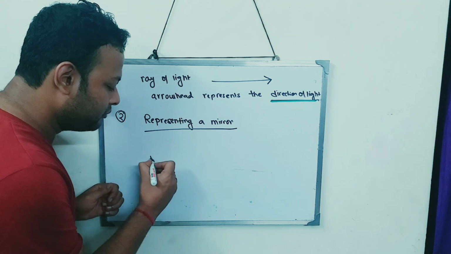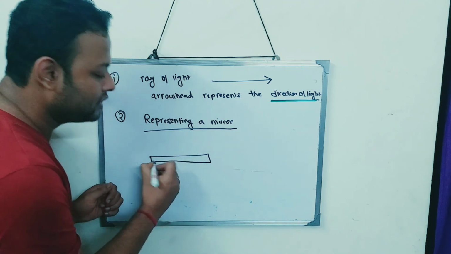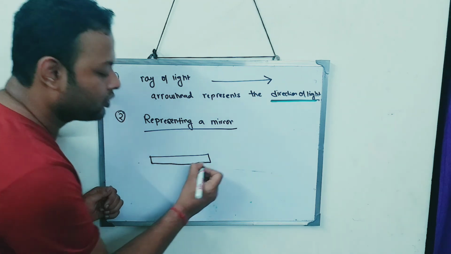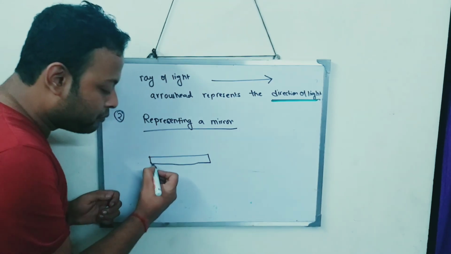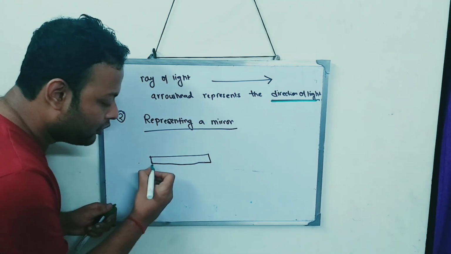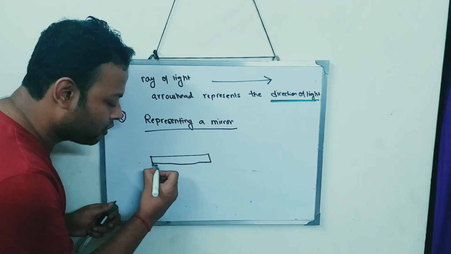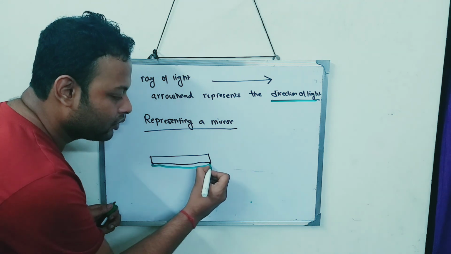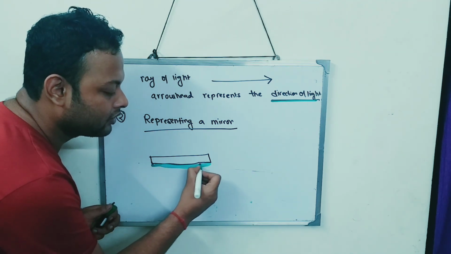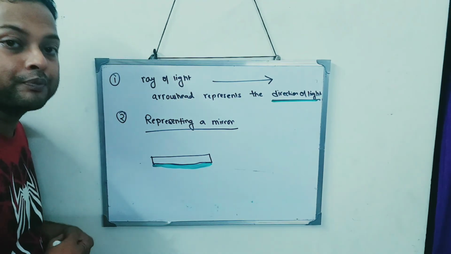I am representing it with a block. It has two surfaces: one is the top surface and one is the bottom surface. On the bottom surface, I coat it with a layer of aluminum or silver.